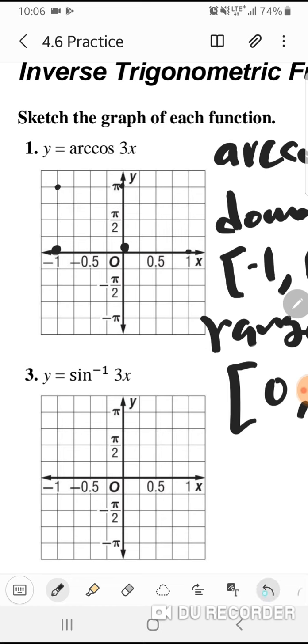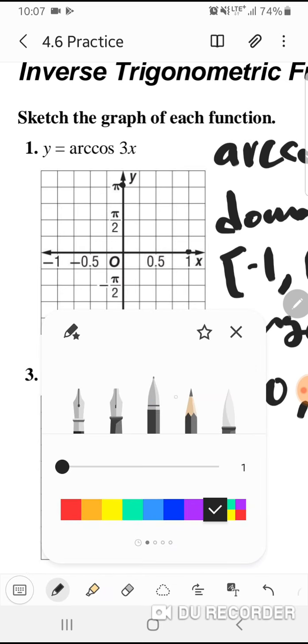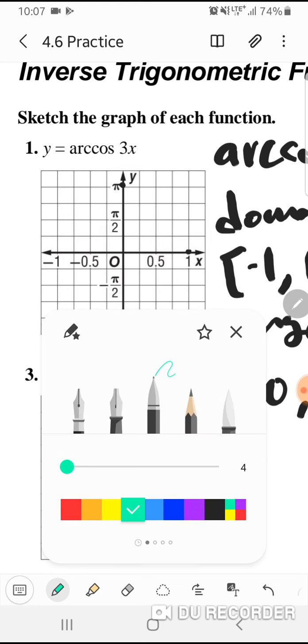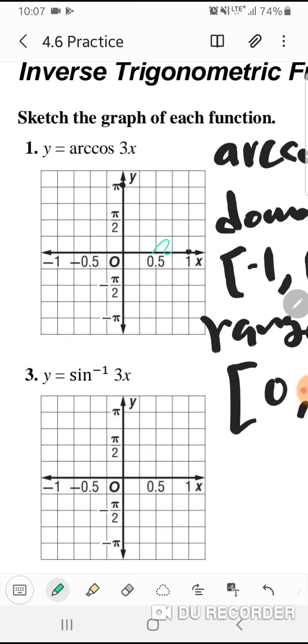But now that we have to make our domain 1/3, we'll do something like 0.33, and then we'll say that's 0.33 negative.